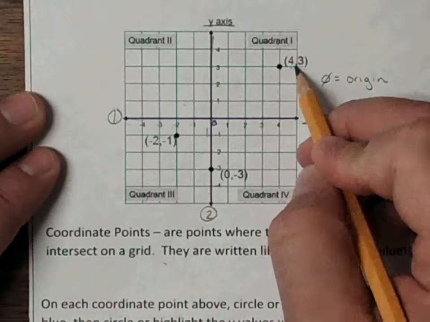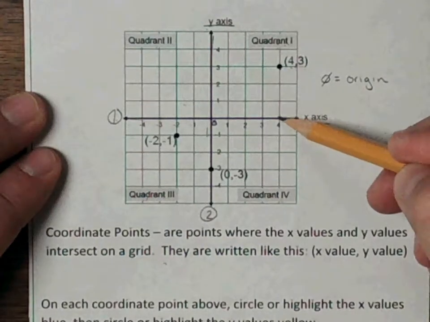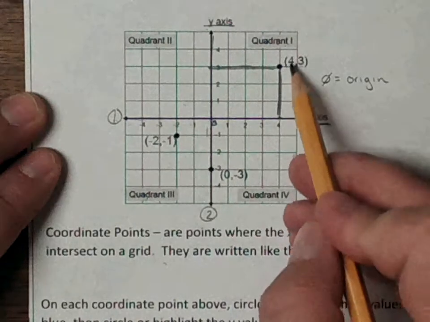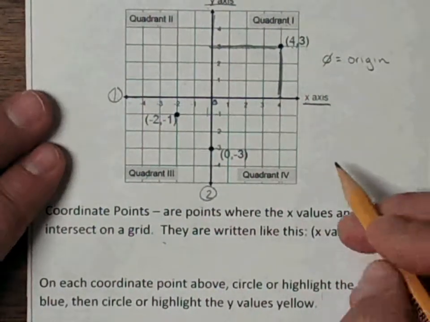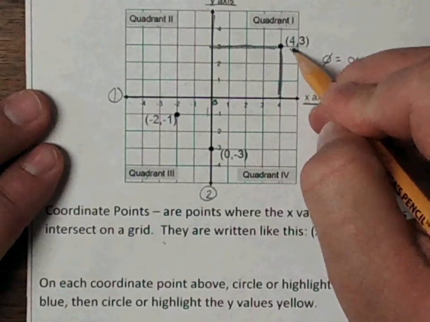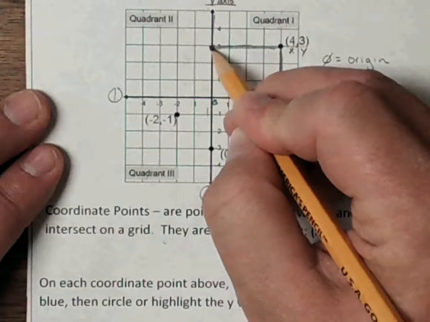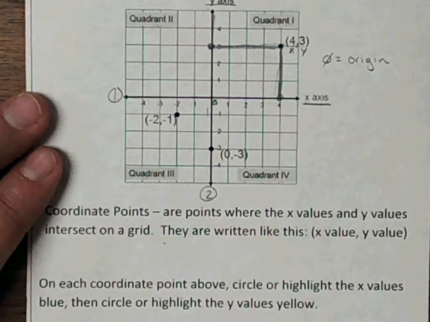These are the points where the x value and the y value intersect. And it is always written as x, y. So this is x, and this is y. Our x value on this line and our y value on this line intersect on this grid right there at that point.